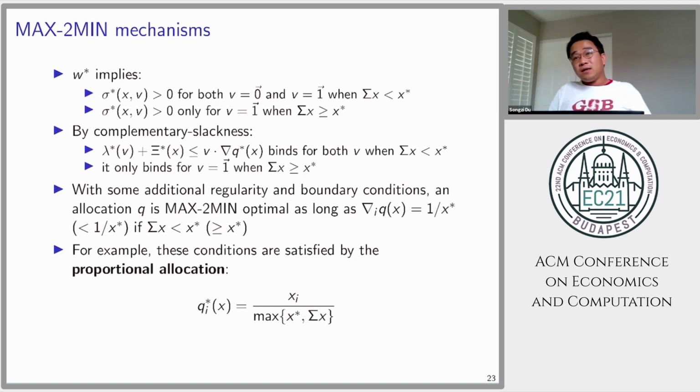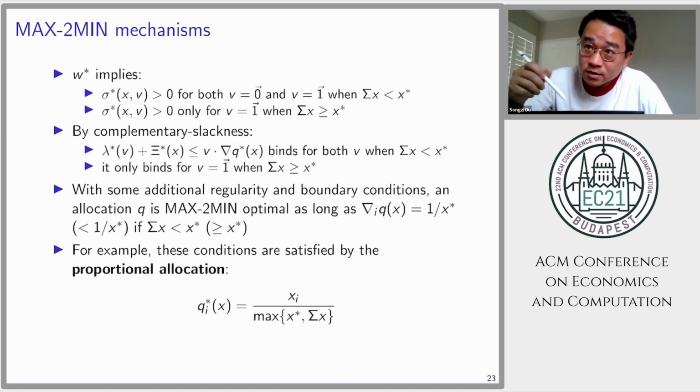But one very interesting and important allocation which satisfies these necessary and sufficient conditions is the proportional allocation that I talked about in the beginning of the lecture. Okay, so on the other hand, clearly there are other mechanism allocations which satisfy these conditions as well.